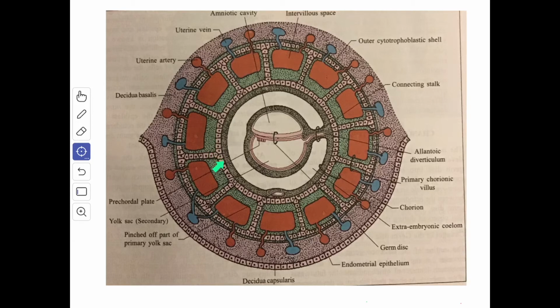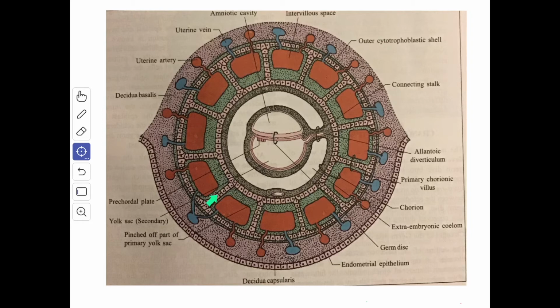The trabeculae is now called the primary stem villi, with the central core of the cytotrophoblast and the peripheral cells of the syncytial trophoblast. Eventually, the lacunae are termed the intervillous space.